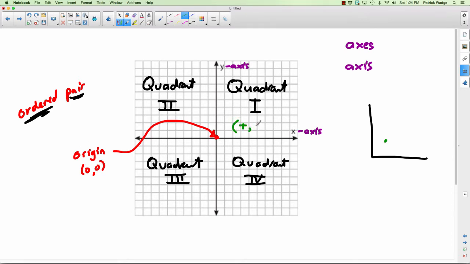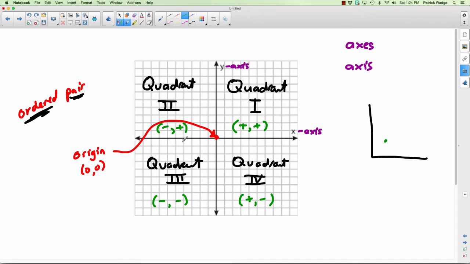It's a positive number and then another positive number. That's not the case for these other ones. In quadrant 2, it's a negative number and then a positive number. The first number is negative, the second one's positive. In quadrant 3, they're both negative, and in quadrant 4, the first one's positive, the second one's negative. So I think that's probably why this is quadrant 1, because it's the most basic quadrant. It's where you started from when you first learned this.